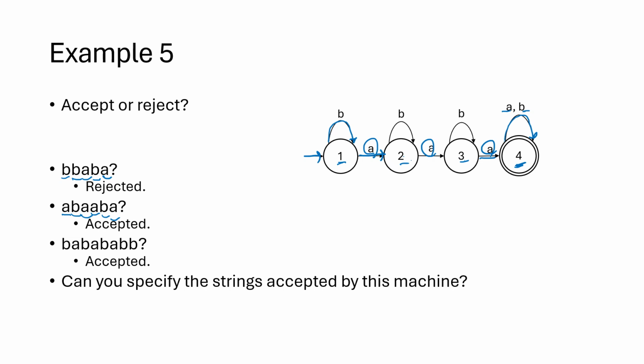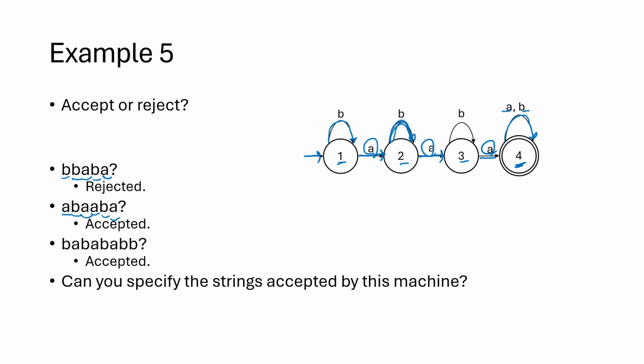And it doesn't matter if there are occurrences of the letter B in between these A's, because after the first A, if we read some B's, we are going to stay at 2, as many times until we read the next A and move to 3 and so on.